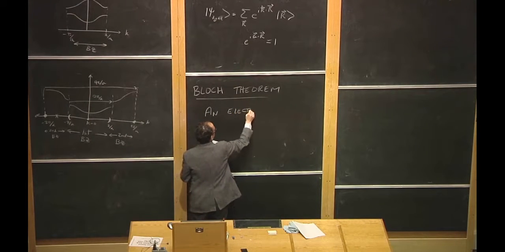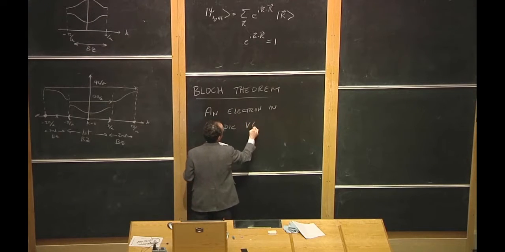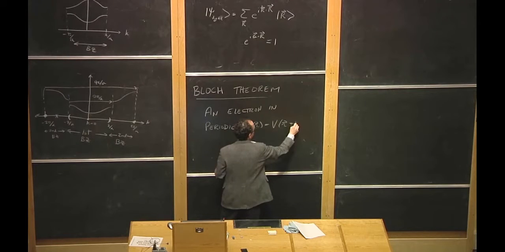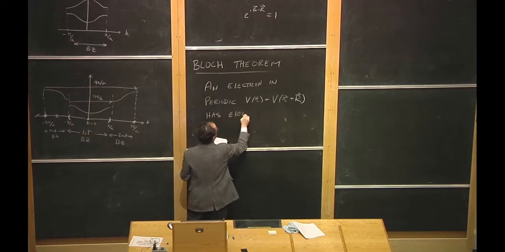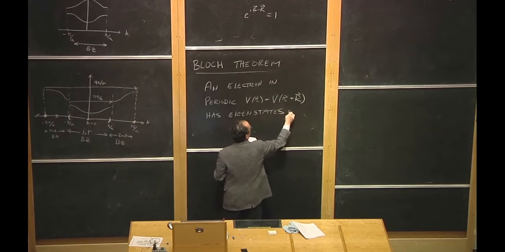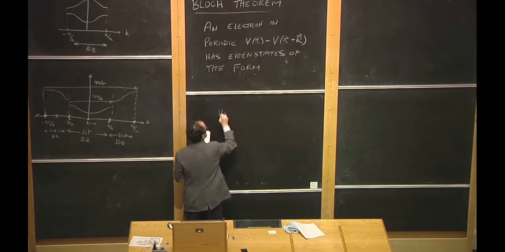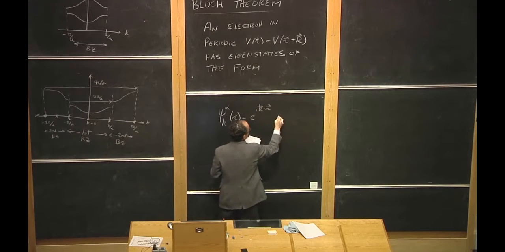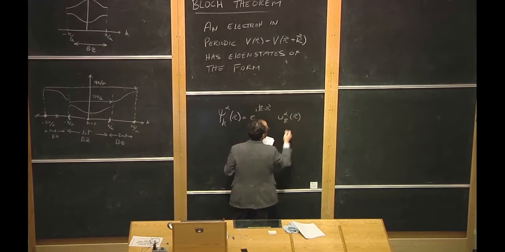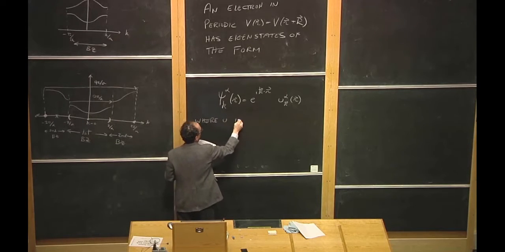So the statement is: an electron in a periodic potential V of r, where periodic means V of r equals V of r plus R, with capital R being a lattice vector, has eigenstates of the form, psi sub k of r equals e to the i k dot r times u superscript alpha sub k of r, where u is periodic.